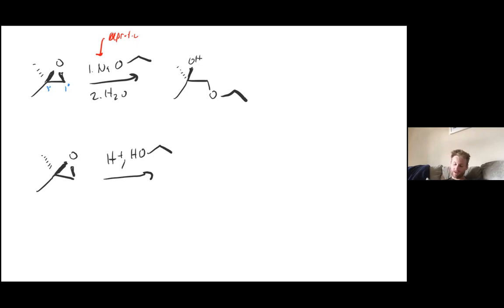So when we add an H plus, we're going to immediately protonate this epoxide. And once we do, this unstable molecule immediately becomes even more unstable. So the way it's going to orient itself to try to distribute this charge is it's going to try to put it mostly on this tertiary center.